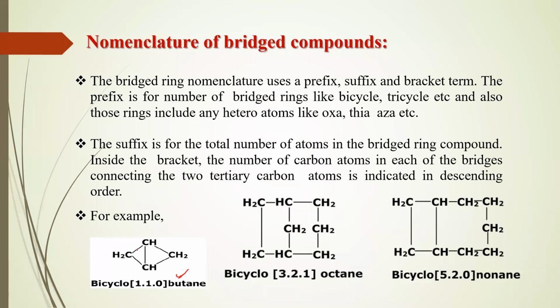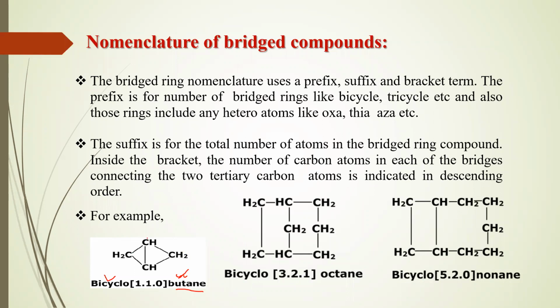In the bracket, first is the bicyclo system for the prefix, and then the suffix is the total number of carbon atoms present, represented as butane. And then again the number of carbon atoms in each of the bridges connecting the ternary carbon atoms in the bracket.